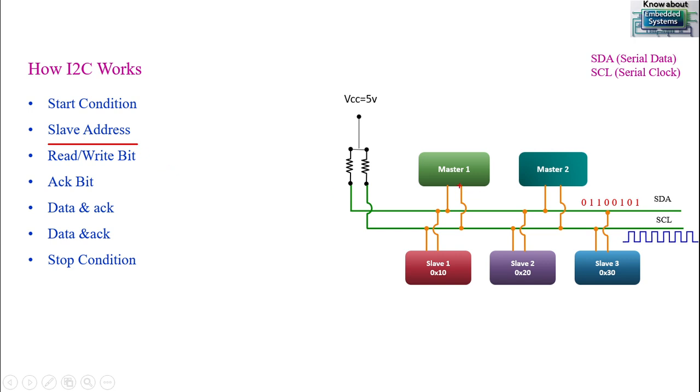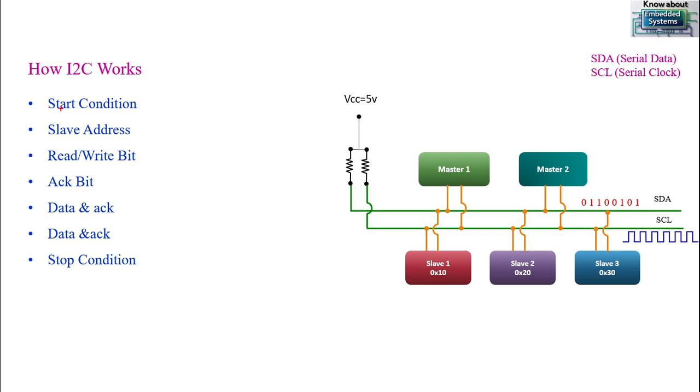Do remember, it is not possible to communicate between two different masters. In I2C, master to master communication is not possible. Very clearly, I'm telling you, there is no communication between two masters in I2C. Communication should always happen from master to slave or slave to master.